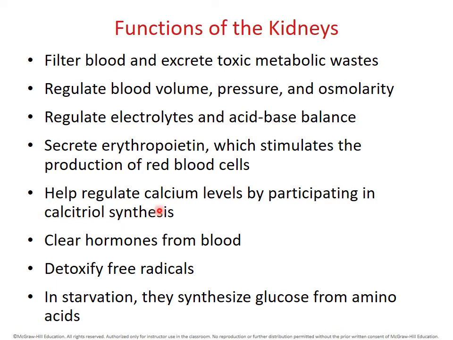Recall something else we talked about. Of course, we talked about this in Anatomy and Physiology 1, but the kidneys are involved in regulation of calcium levels because of their role in the synthesis of calcitriol.